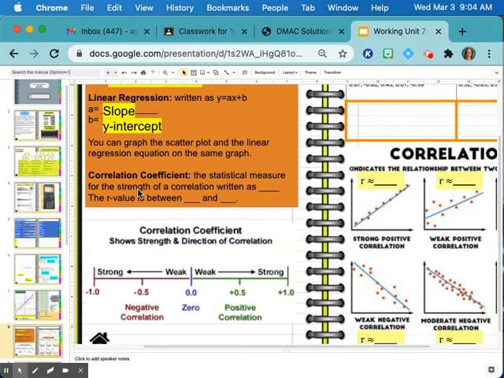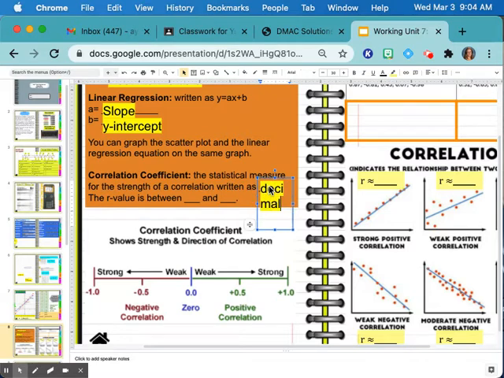A statistical measure for the strength of a correlation, written as a decimal. The R value is between -1 and +1.